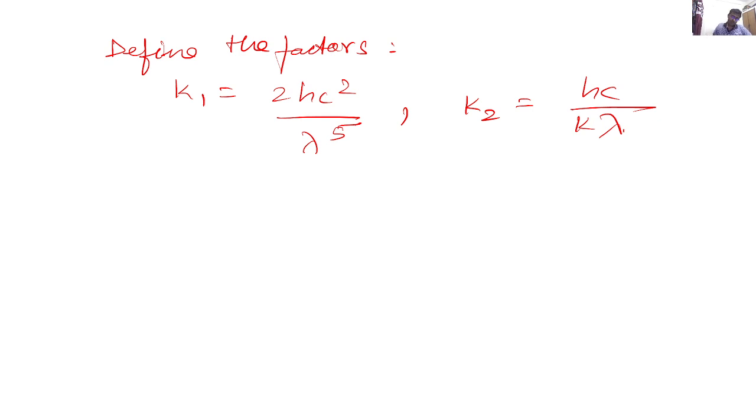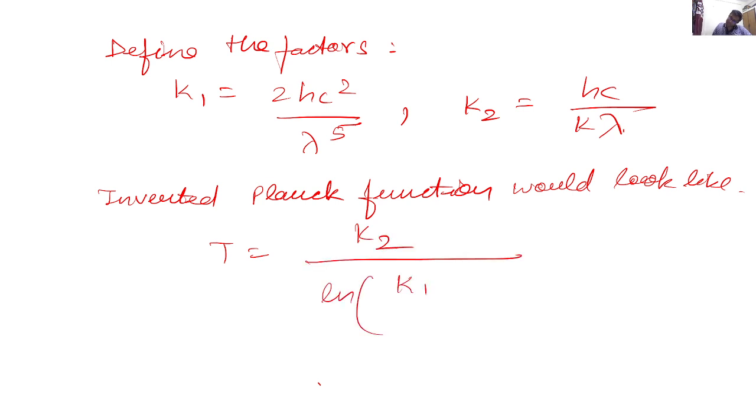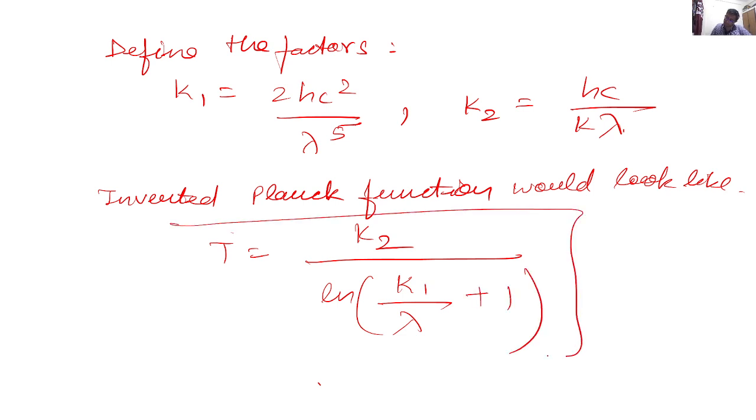Okay, so the inverted Planck function would look like T is equal to K2 by ln K1 by lambda plus 1. And this is what is given in the Landsat handbook also.